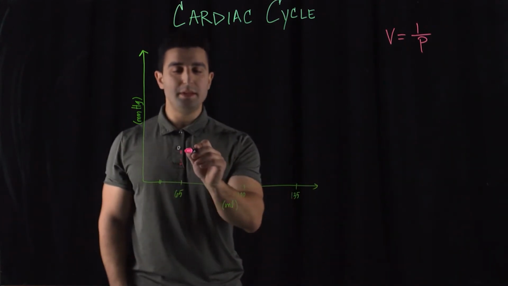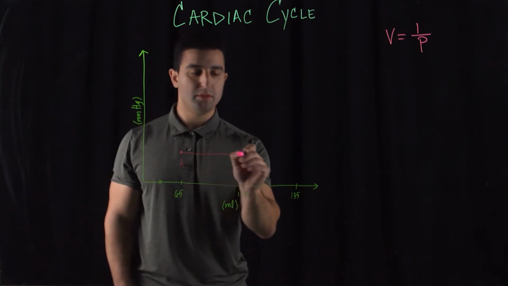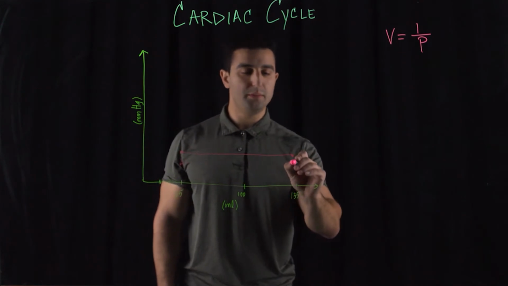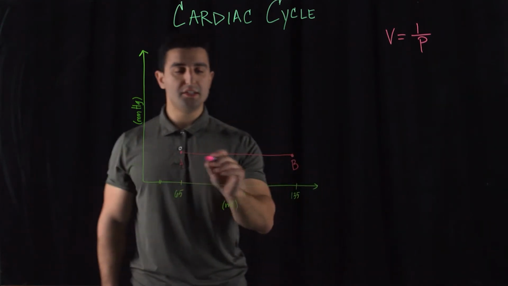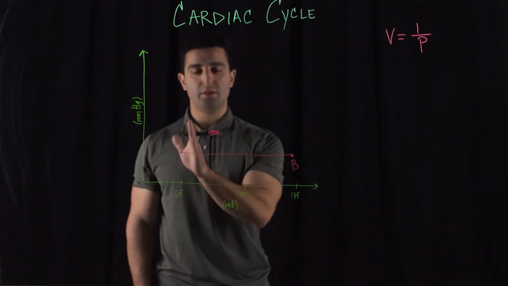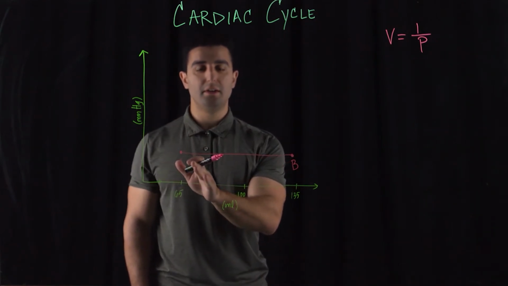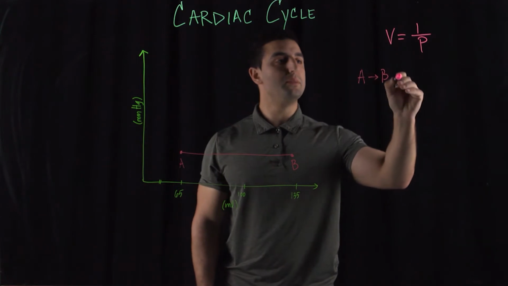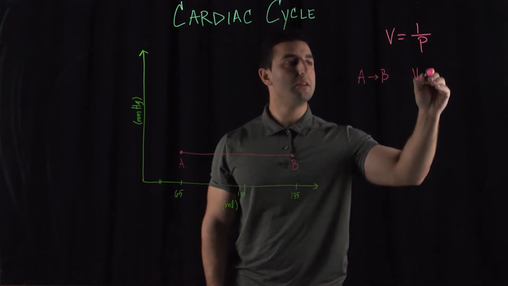So from A to B, the first phase here, to about 135 mils of blood, this is referred to as ventricular filling, right? We can abbreviate this as ventricular filling.